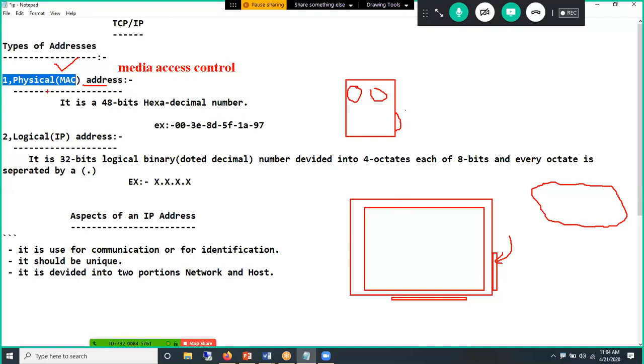Today, if you purchase any computer, every machine has a default NIC card, and the company that manufactures the NIC card, it may be a leading company like Realtek, Broadcom, or Netgear, automatically gives one MAC address. And we are not using the MAC address for communication. Make this point very clear: we are not using the MAC address for communication, and we are not using the MAC address for identification.